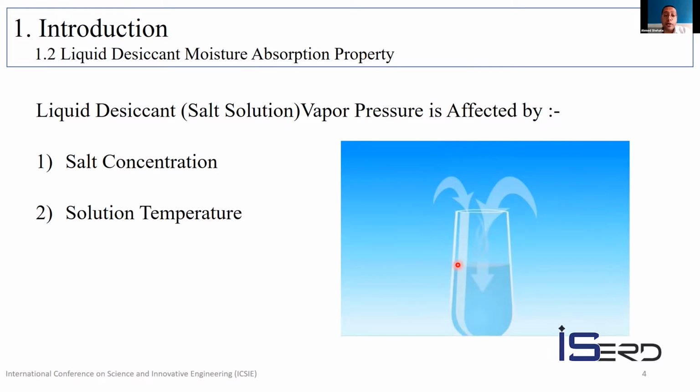This natural phenomenon is affected by 2 factors: the salt concentration, how much it is concentrated, and the solution temperature. As long as the solution is more concentrated, and as long as the solution temperature is low, the vapor pressure difference is bigger and more absorption can occur.